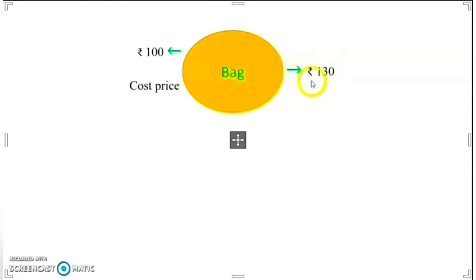Similarly, this is the price at which you sell the bag. So this price is known as selling price. So here the cost price or CP is rupees 100 and the selling price SP is nothing but 130. You can observe that here SP is greater than CP.